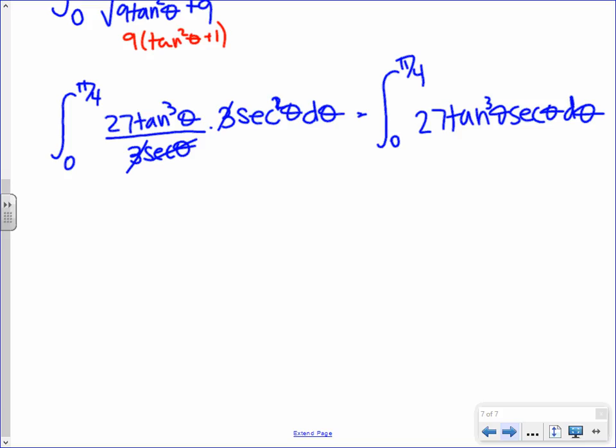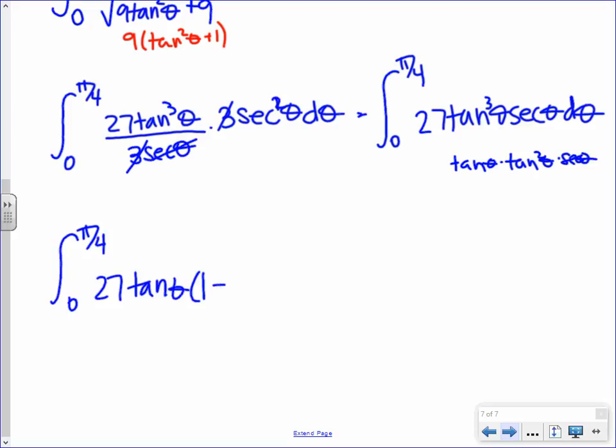So our only option is to split this to be tangent times tangent squared times secant, and change the tangent squared to secant squared minus 1. At this point, can you just move the 27 outside? Yes, of course. So let's do that.